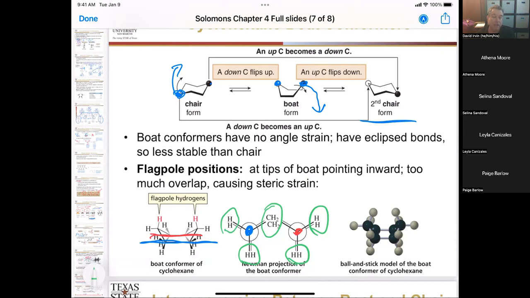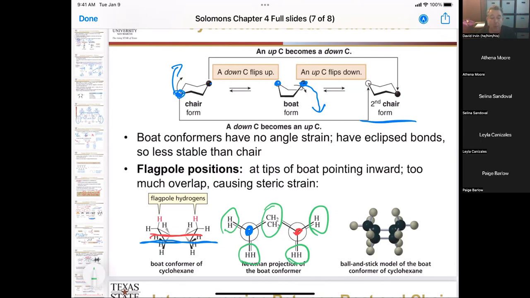And in our perfectly eclipsed form, we have what we call a steric interaction, but no ring strain. So it's less stable. So it wants to flip from the chair form through the boat form to the other chair form. And so flipping back and forth between the chair forms, it really prefers to do that. But again, we're not adding ring strain. We're only adding interactions through space.